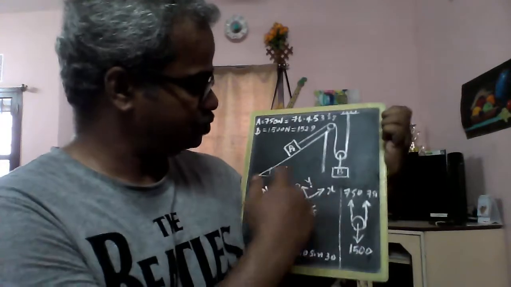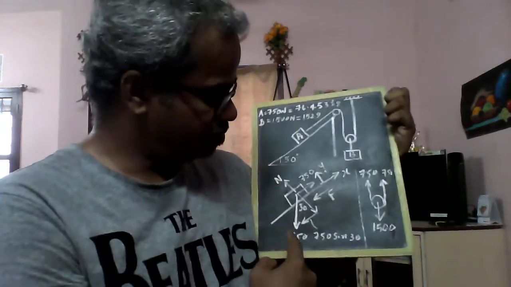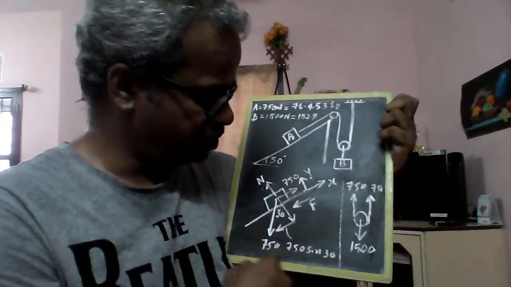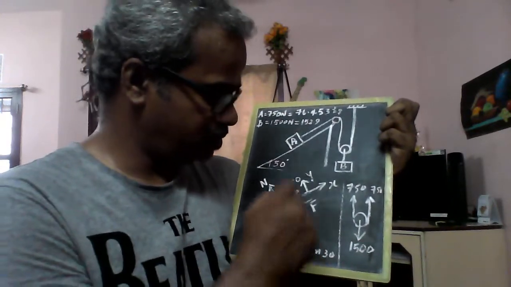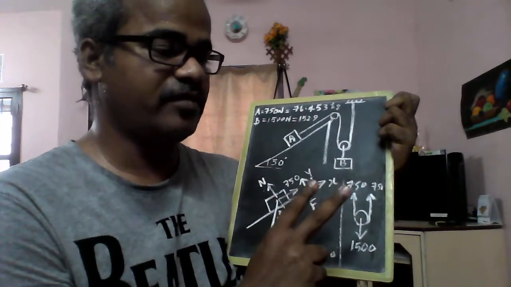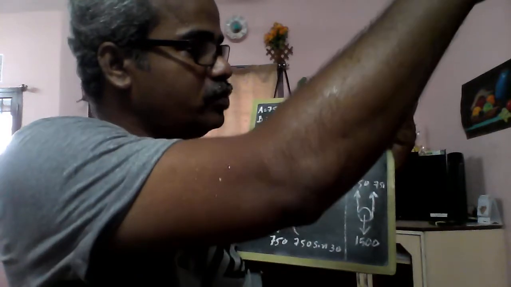To solve the problem, first of all you have to find out whether the body is moving upward or downward. You find this by finding the frictional force, keeping the body in equilibrium. I will find the frictional force and the maximum frictional force both. If the frictional force is more than the maximum frictional force, the body will be moving upward.